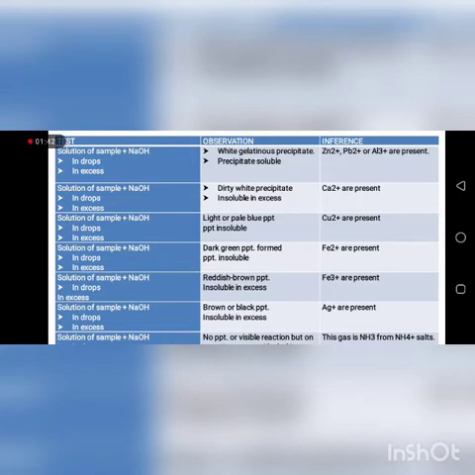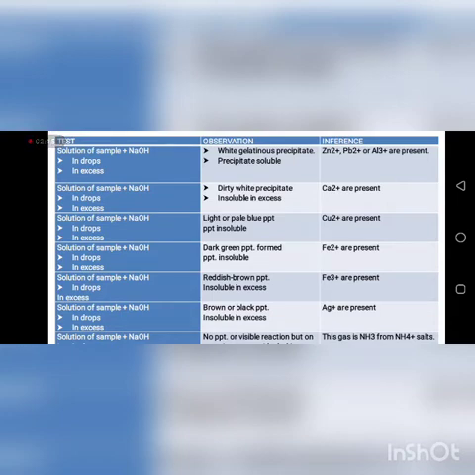When you add it in drops and you see a white gelatinous precipitate, and you add in excess and the precipitate is soluble in excess sodium hydroxide, that confirms that zinc 2 plus may be present, lead 2 plus may be present, or aluminum 3 plus may be present. These are the cations that can be present. So this particular test is not specific. These three ions behave the same in sodium hydroxide in drops and in excess.